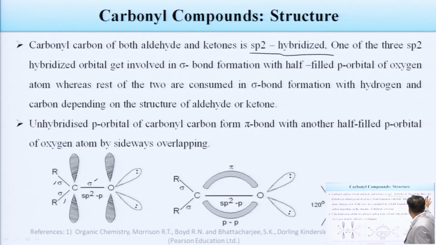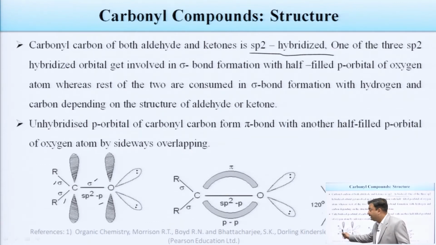One of the 3 sp2 hybridized orbitals is involved in sigma bond formation with the half-filled p orbital of the oxygen, as you can see there. So one sp2 hybridized orbital overlaps with the p orbital of the oxygen, and the remaining two form bonds with the concerned alkyl groups or hydrogen, depending on the structure of the aldehyde or ketone. The unhybridized p orbital of the carbonyl carbon forms a pi bond with another half-filled p orbital of the oxygen atom by sideways overlapping, as you can see.